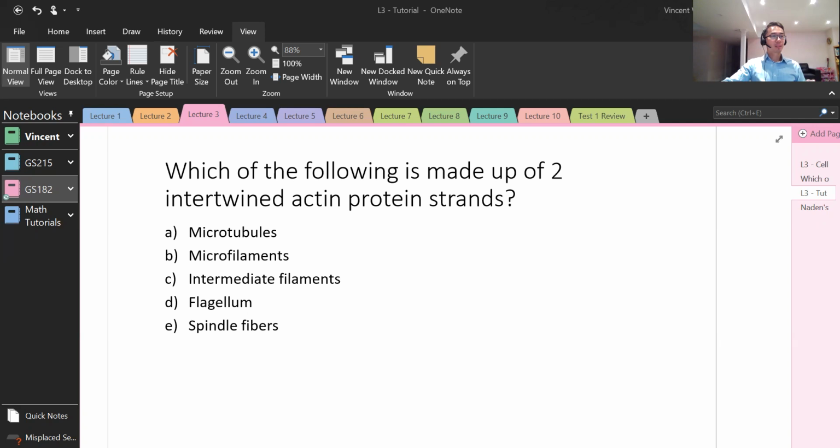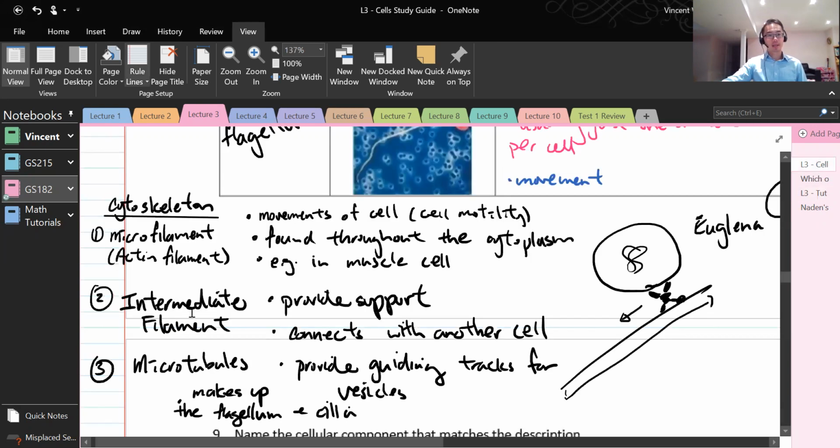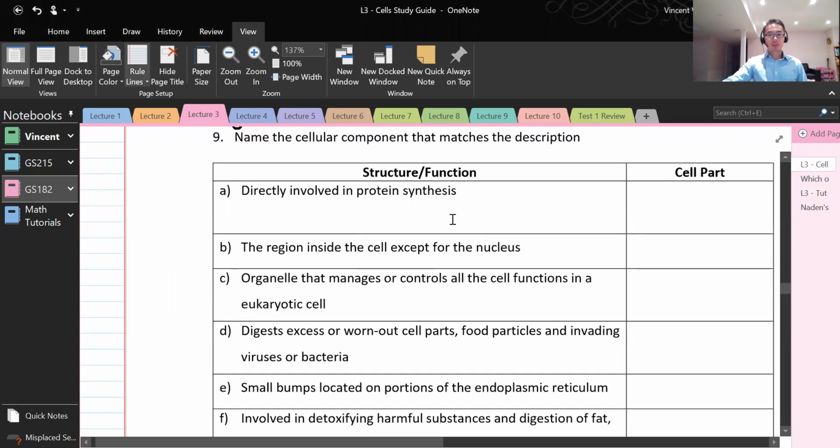Only a few of you have answered, but it has been a minute, so I'm gonna stop that. And the correct answer is microfilaments. Microfilaments are the ones that are made up of two actin strands entwined together. It says in the summary that we have right here, made up of actin filaments. All right, so there were your polls.